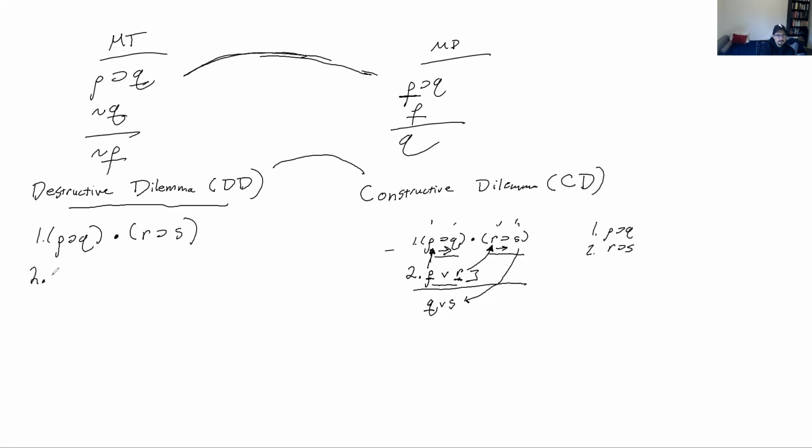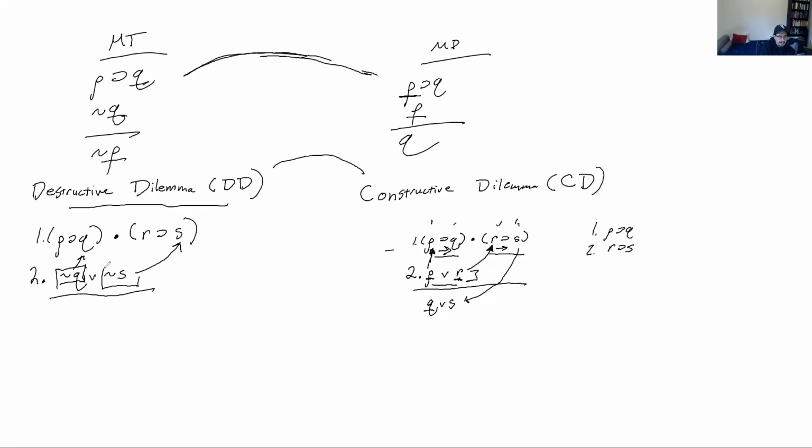Line 2. Instead of affirming the antecedents in a disjunction, we are going to deny the consequent of each conditional. Okay. So see, the critical feature here is that it denies the second part of each conditional. We don't know if not Q is true.